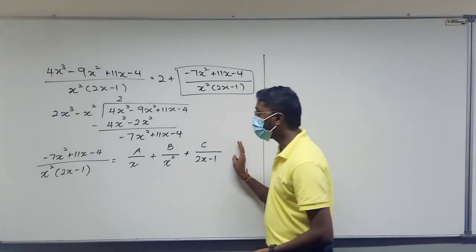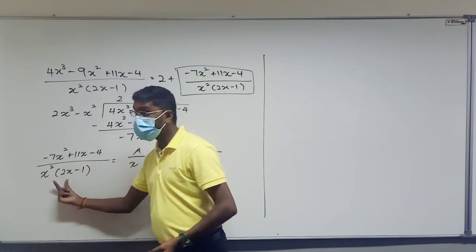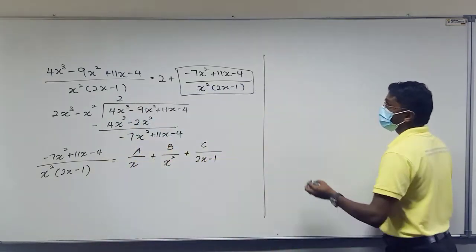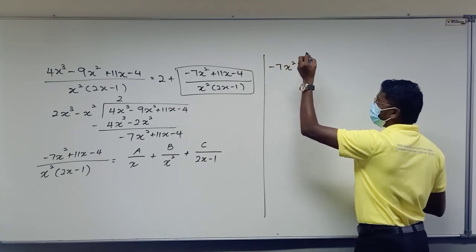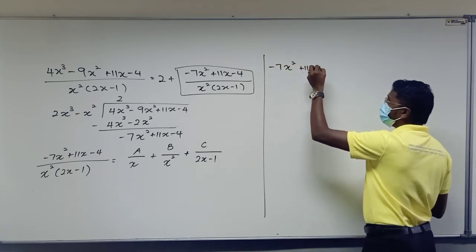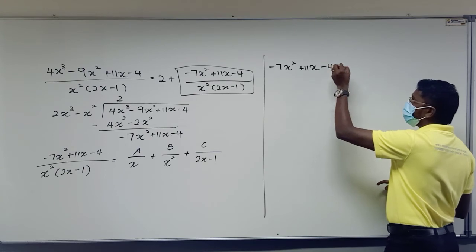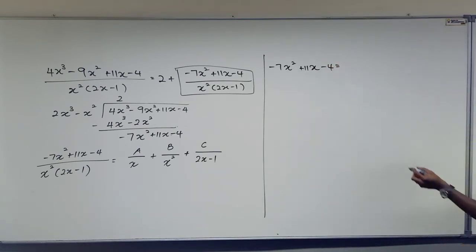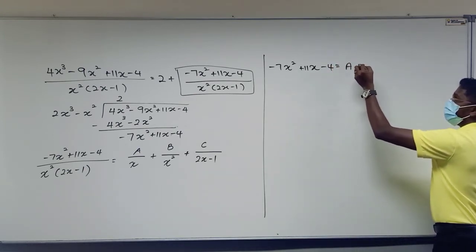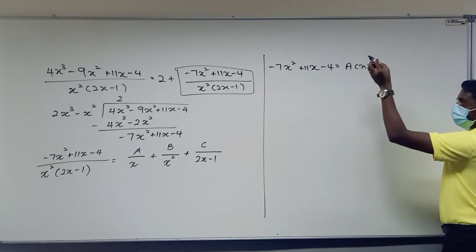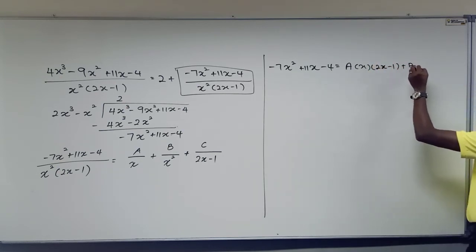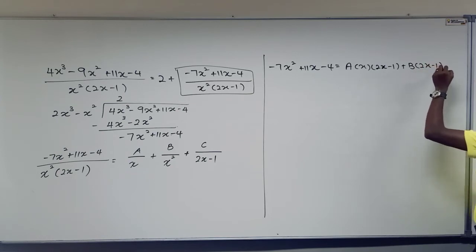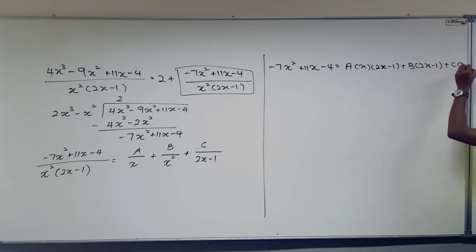Multiply the whole equation with the denominator. So it's going to be negative 7x squared plus 11x minus 4 equivalent to ax(2x minus 1) plus b(2x minus 1) plus cx squared.